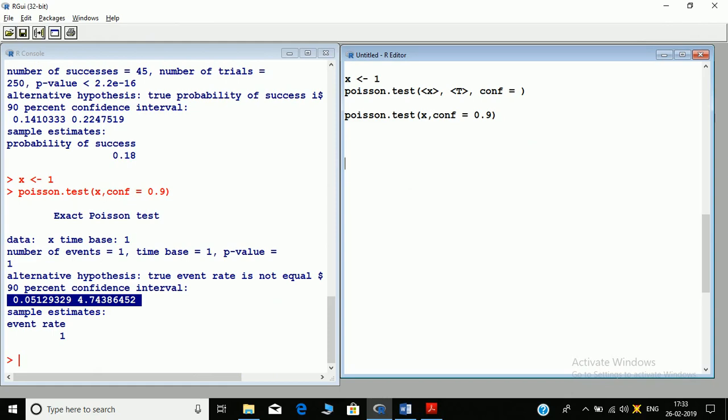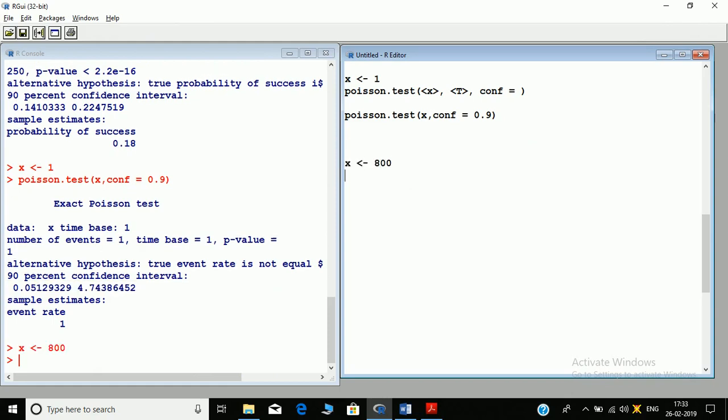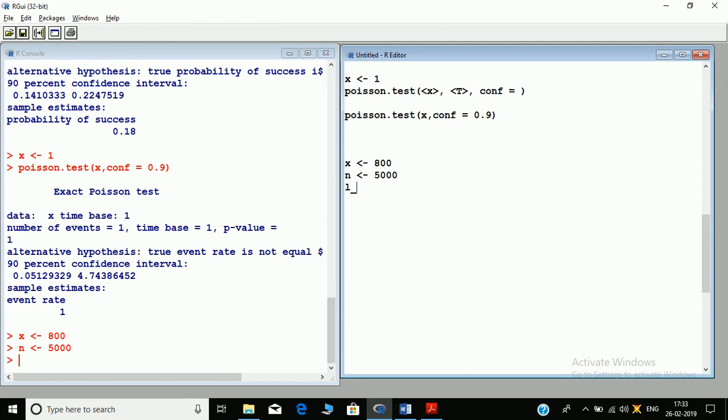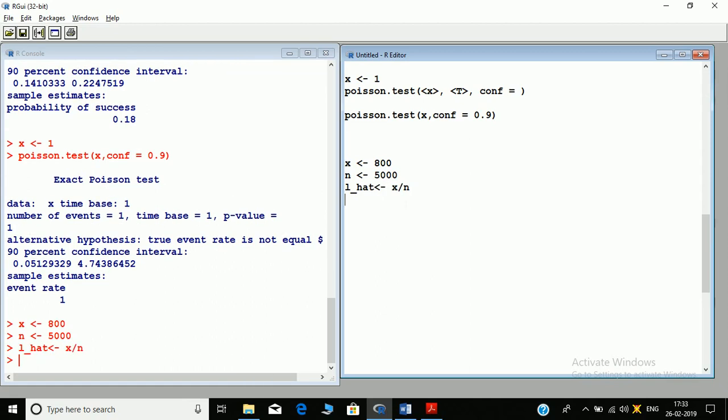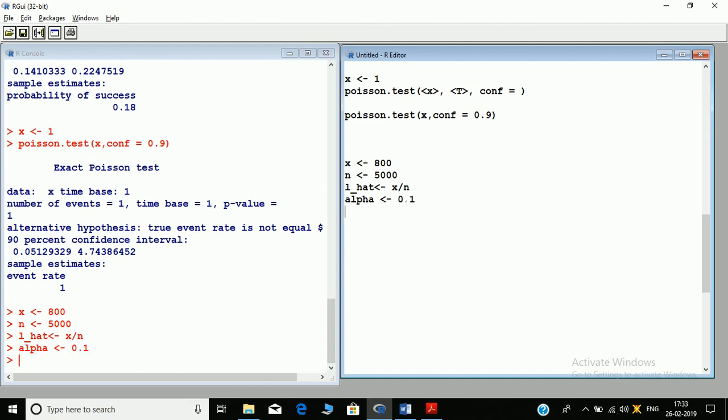So let's do it: x is 800, n is 5,000, lambda hat is again x by n, alpha is again 0.1 because we need a 90% interval, and by normal approximation it becomes L hat plus c of minus 1, 1 into q norm 1 minus alpha by 2, into sqrt of L hat by n.